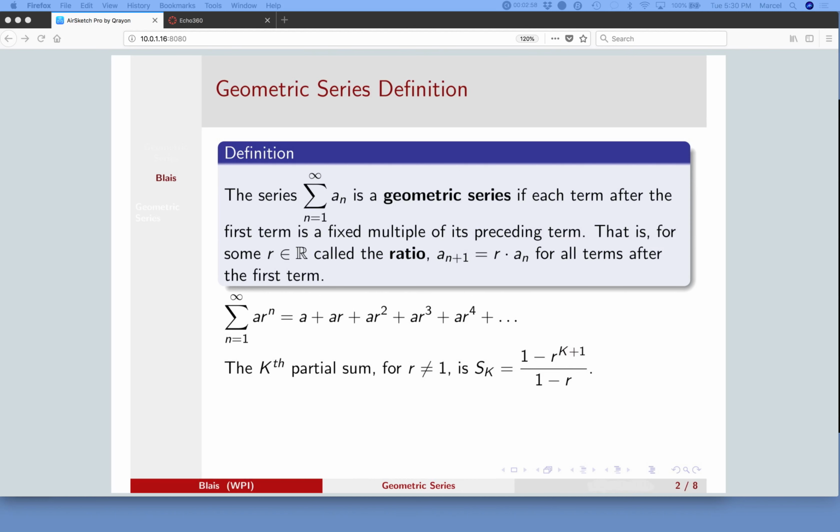K plus 1. So k is going to infinity and it's integer valued. So think of this k plus 1 as some enormous exponent, r to the 1 million plus 1. Well, in order for this whole term here to be finite, we're going to need this r to the k plus 1 term to go to 0.